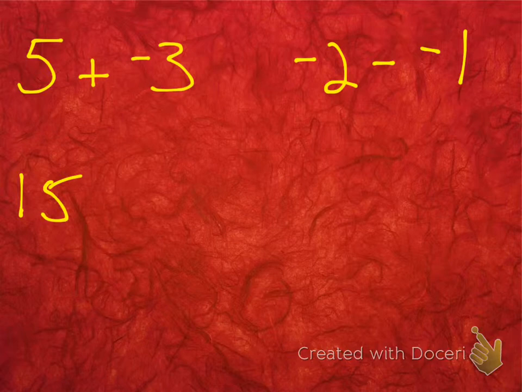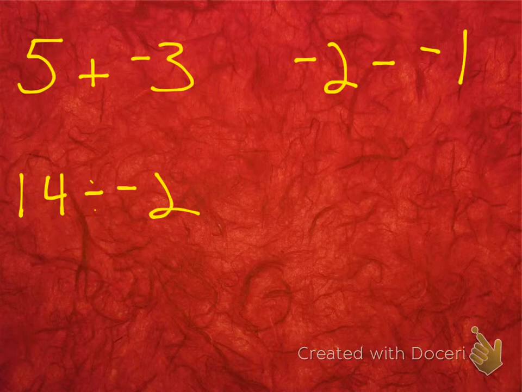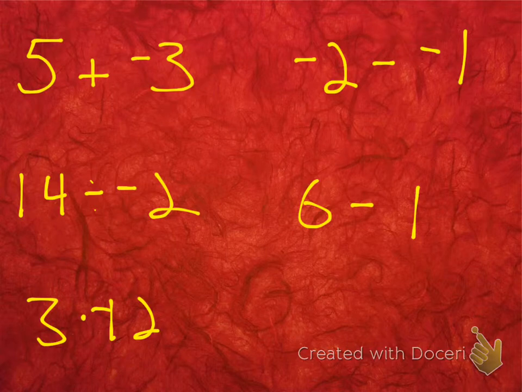Let's say 14 divided by a negative 2. 6 minus 1. 3 times a negative 12. And 1 plus negative 6. Okay, so we're going to go through and answer every one of these.